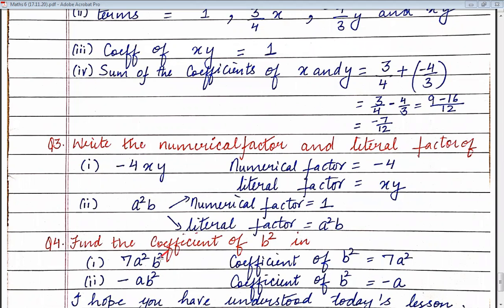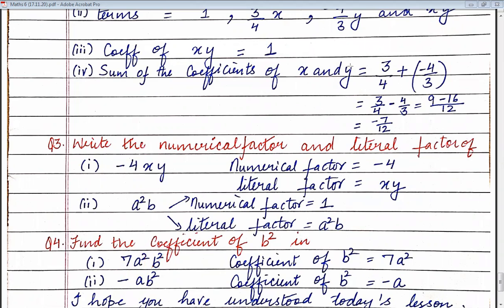And we have to find the coefficient of b square. So what is the coefficient of b square? It is 7a square. Very right. Except that factor, whatever is left, that becomes its coefficient.